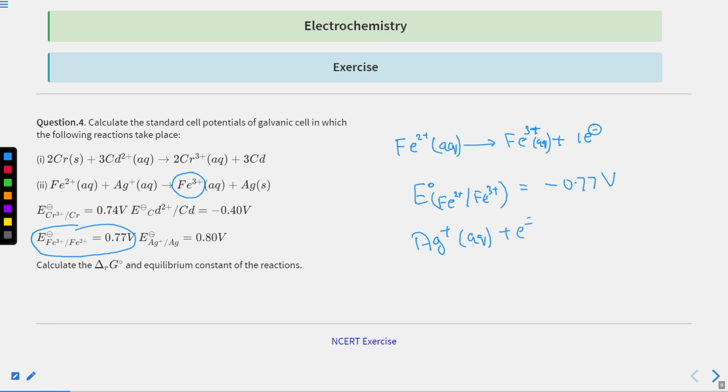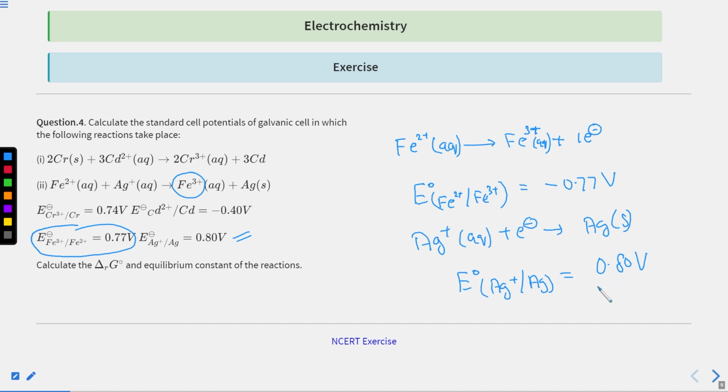It will take one electron and go to the solid phase. Now, how do you write the E naught? You write E naught Ag+ going to Ag. The value is given as 0.80. We don't have to reverse the sign because it is already in this fashion. So it will be 0.80 volts.